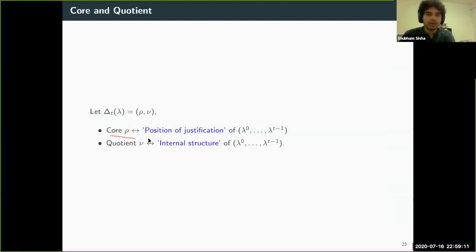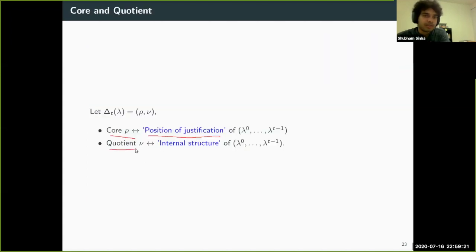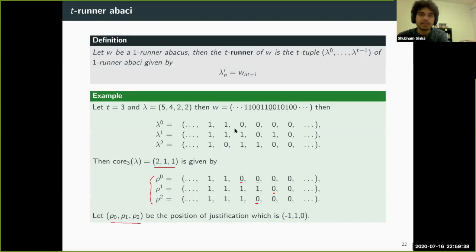So the cores are basically the positions of justification, describing positions after pushing all the ones. If you want a bijection between lambda and the core and quotient, this quotient should technically have everything which is the internal structure of these lambda i's, which are the T runners of the partition.